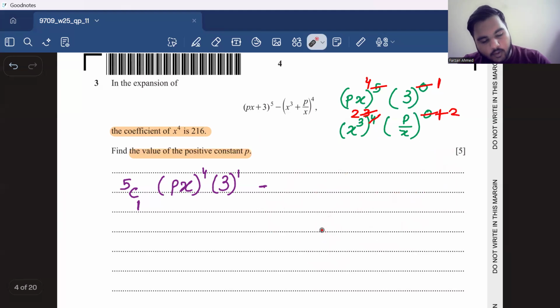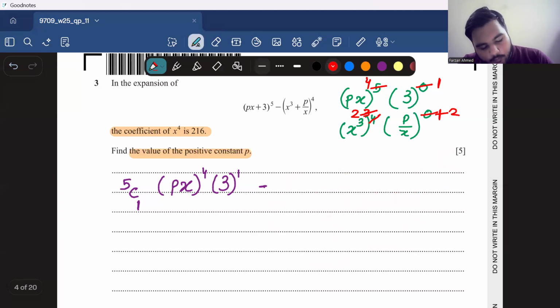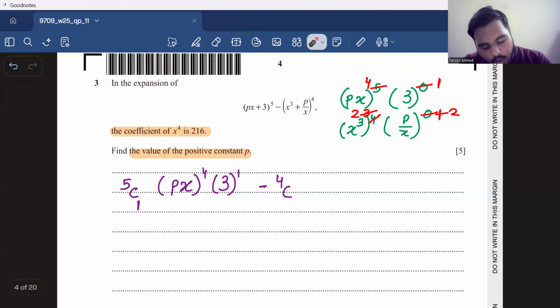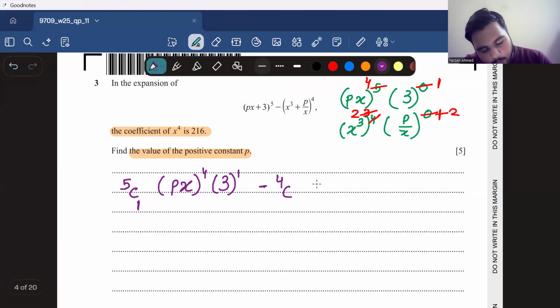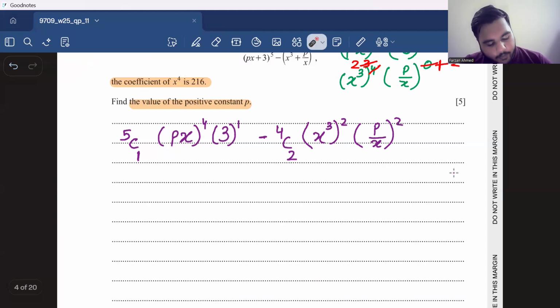So 4C2, because it is nCr, and r is 2. That's all. So 4C2 times (x cubed) raised to power 2 and (p over x) raised to power 2.